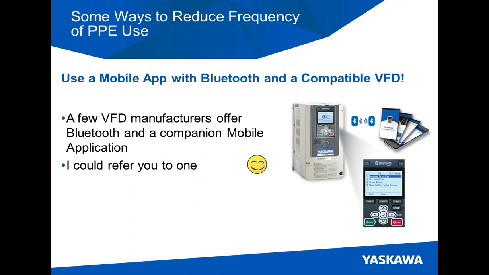The Bluetooth is still powerful enough in some cases where you can stand just a few feet away from the enclosure and be able to get a signal to the VFD behind there. The normal line of sight Bluetooth range is typically about 30 feet.